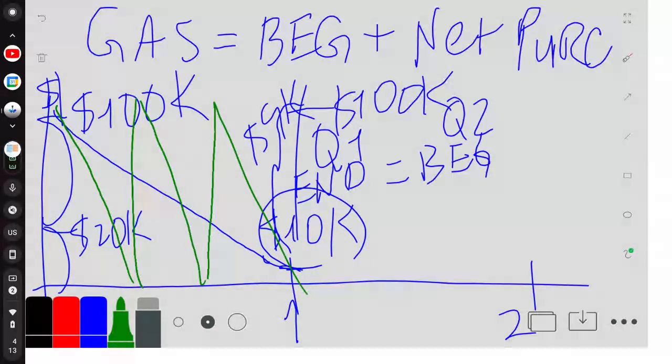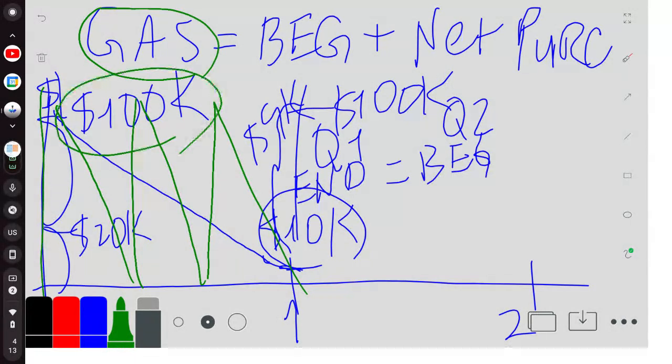But here, the important thing is, you have GAS at the beginning of the first quarter, at time 0, you have GAS of 100K, right? Then what should happen next? When you have GAS, what should happen next?